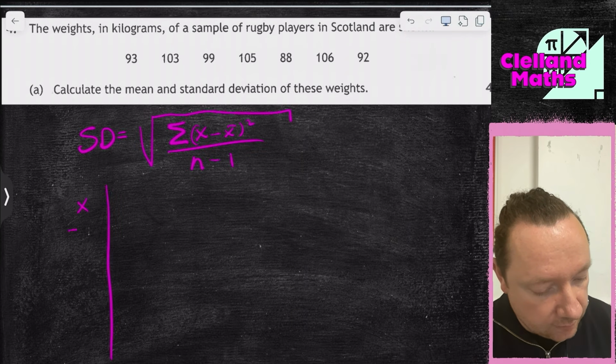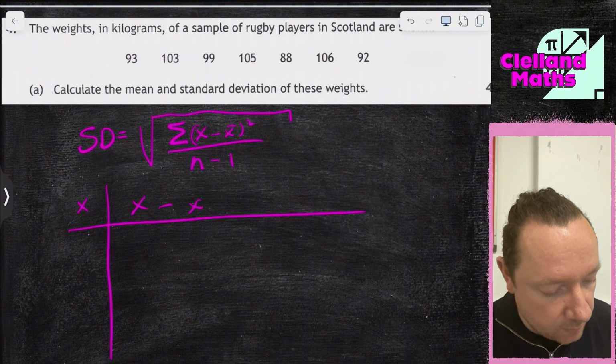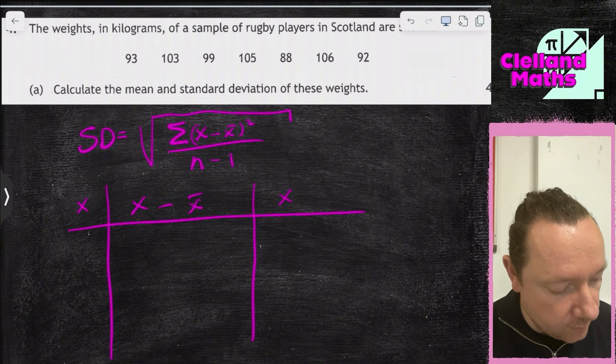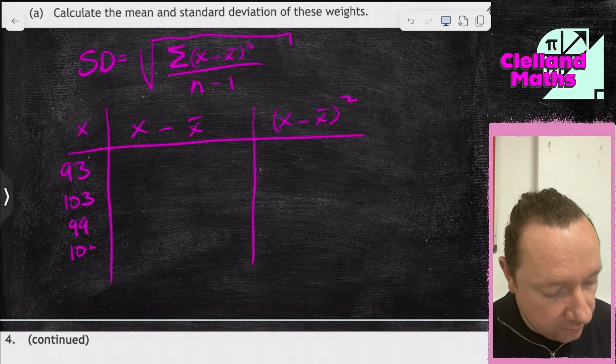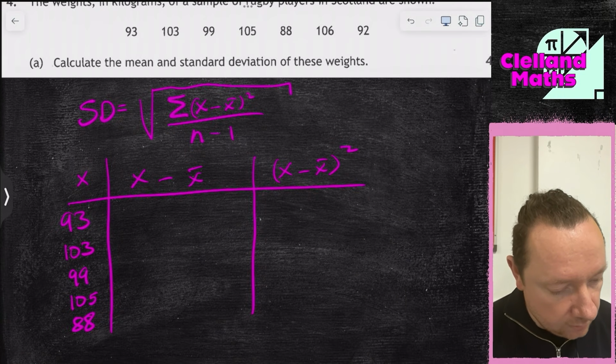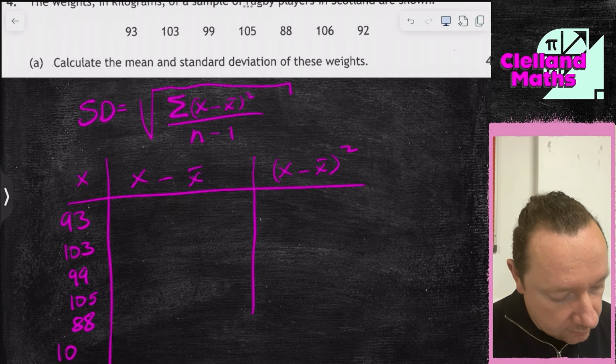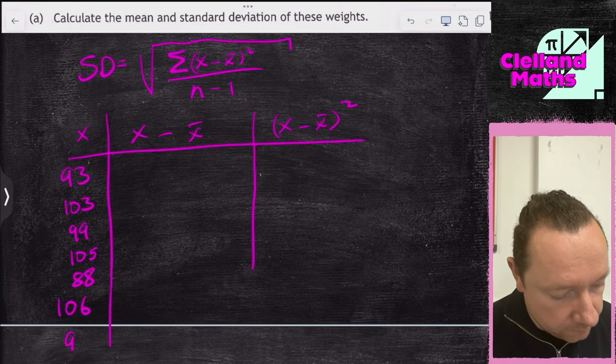So I just write x minus x bar squared: 93, 103, 99, 105, 88, 106, and 92.